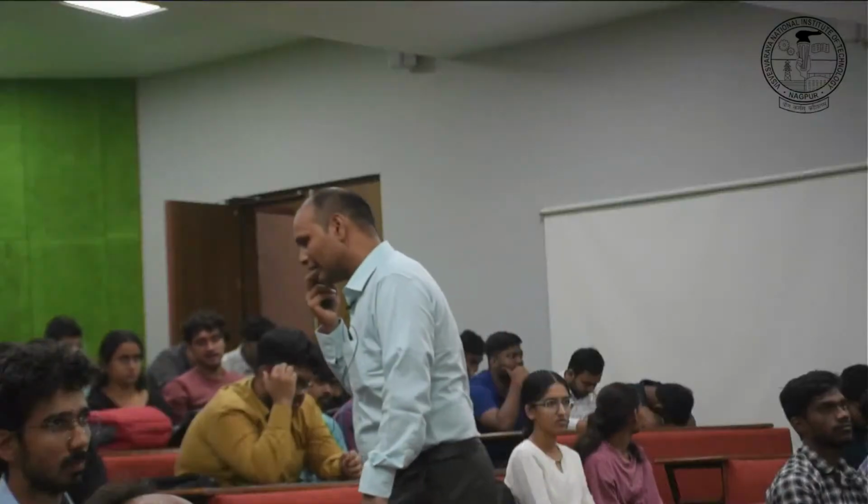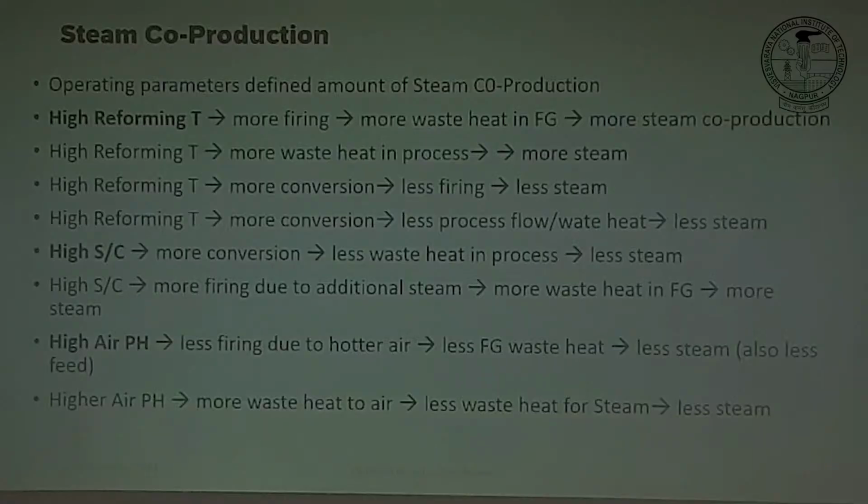We slightly talked about this steam co-production, so let's look at it in a little more detail. The operating parameters we already defined, and for this example we end up with steam co-production. A high reforming or reaction temperature means we need to fire more and burn more fuel.